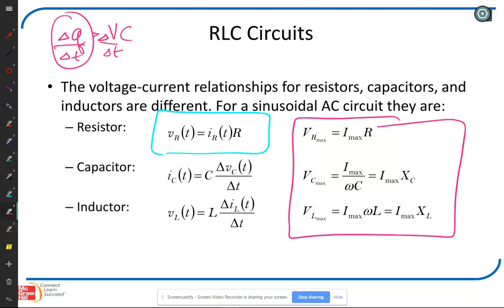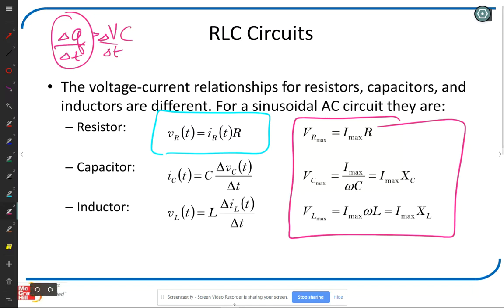The maximum voltage across a capacitor is the maximum current divided by omega C, where omega is the angular frequency. And the maximum voltage across an inductor is maximum current times omega L. And so we have three forms of Ohm's law, if you will.